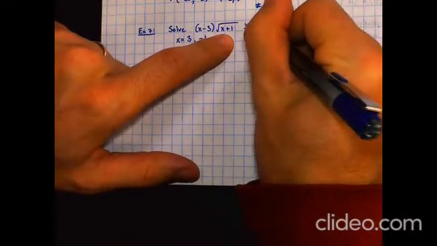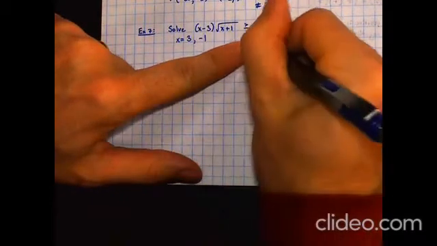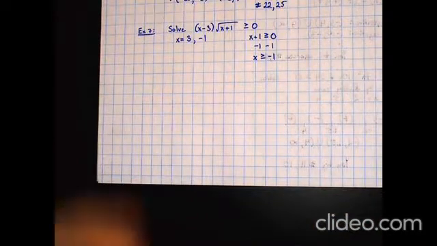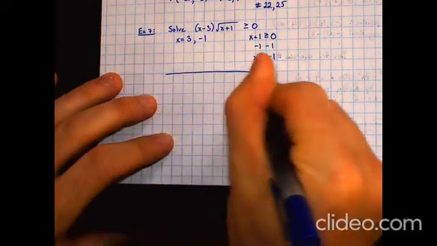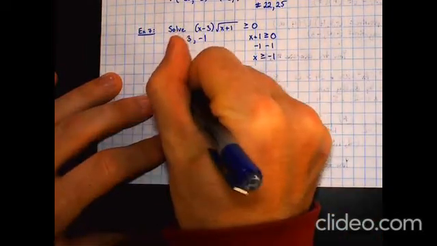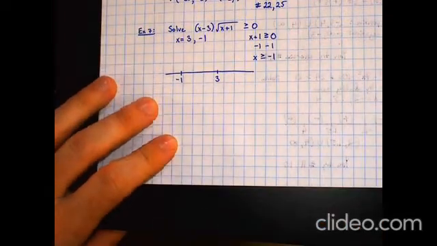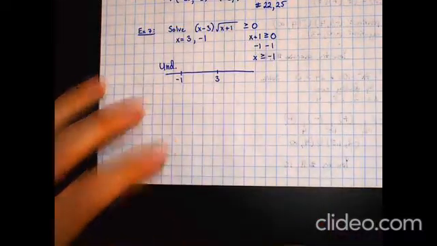So this has to be greater than or equal to 0. So x has to be greater than or equal to -1. So we don't even exist to the left of -1. Right? So our sign chart goes -1, 3, and then off into infinity. And over here we already know we're undefined.